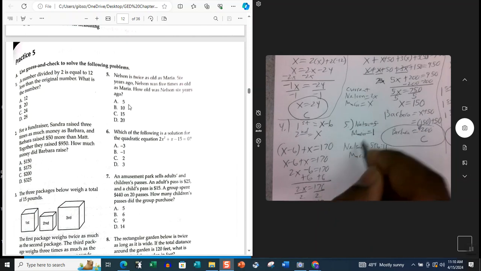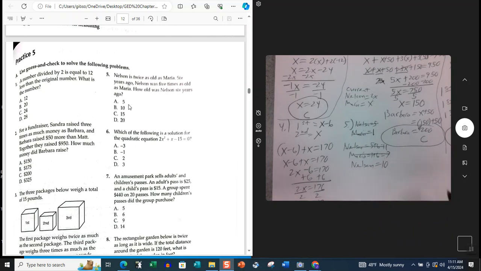So now let's try again the current time. Let's say that Nelson, or I should say 6 years ago. Let's say that Nelson is 10. That would mean Maria, since Nelson is 5 times older than her, that means that Maria would have to be 2 years old.